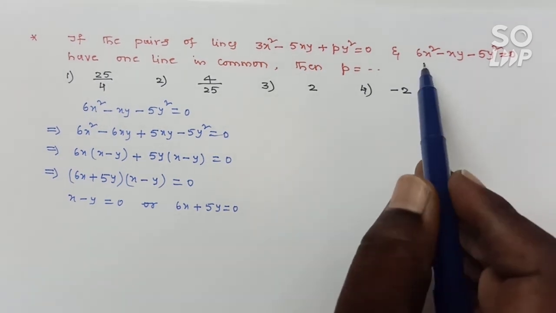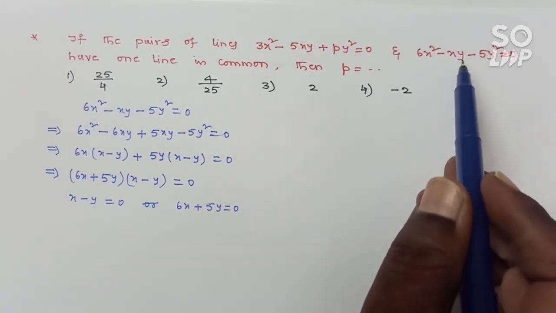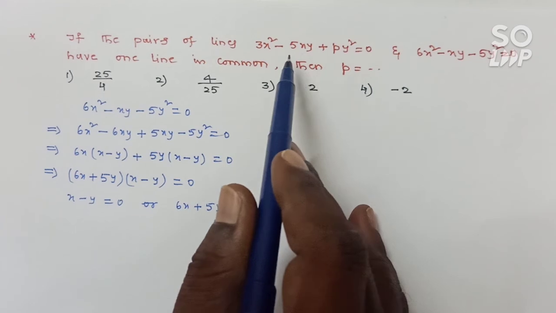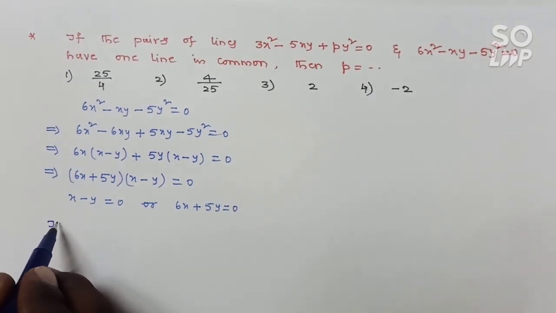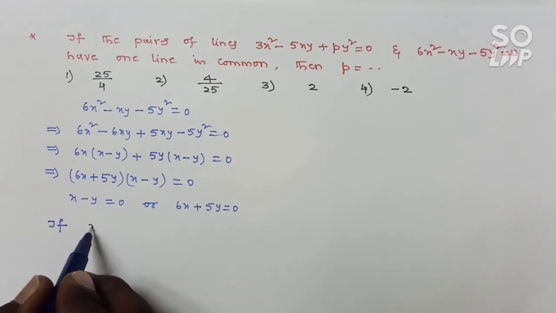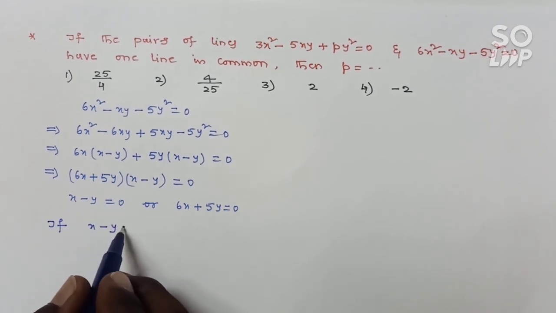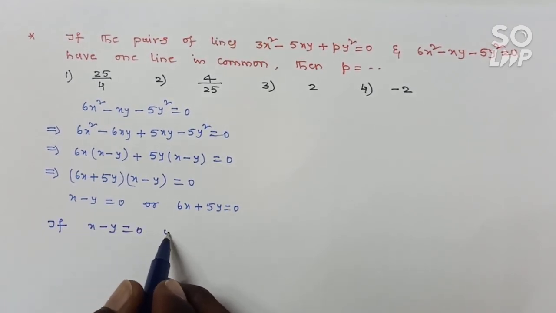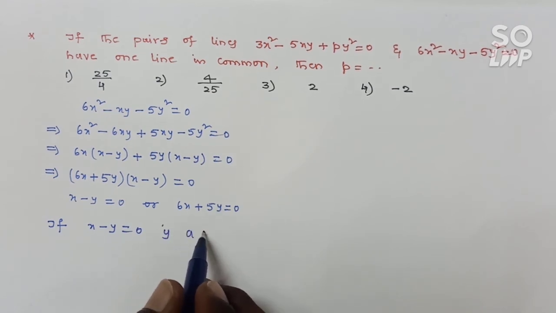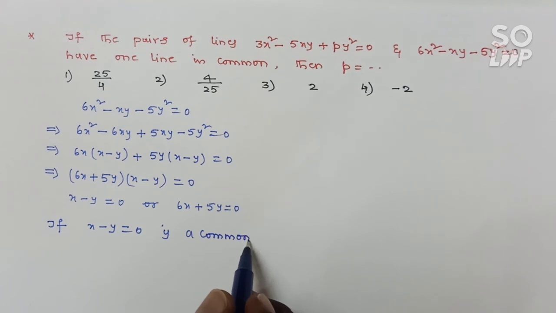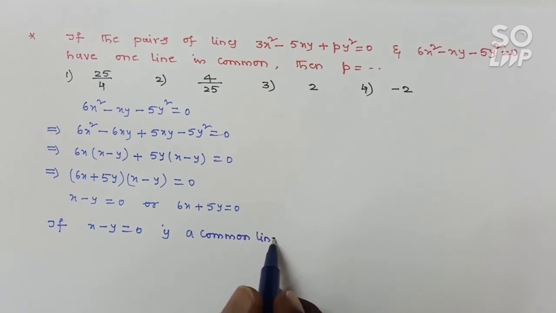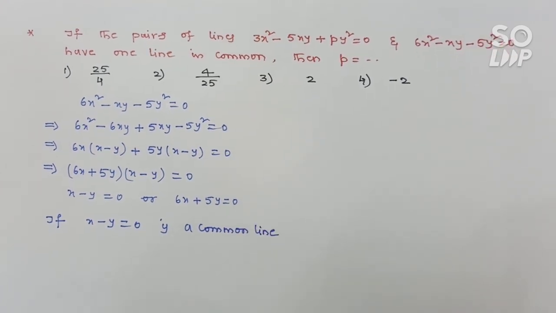Now if x minus y is equal to 0 is a common line, then the sum of the coefficients will be 0.